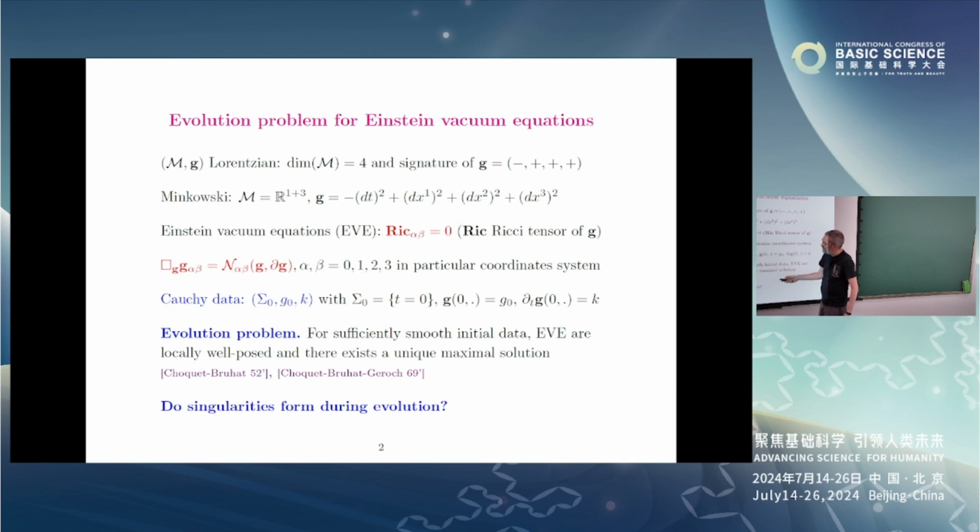So g is a 4-dimensional metric. It's a symmetric 2-tensor in dimension 4, so it has 10 degrees of freedom. So this is a coupled system of 10 nonlinear wave equations where the coupling is through this right-hand side here, which I'm not going to write down, and which is an expression involving the metric and first-order derivatives of the metric.